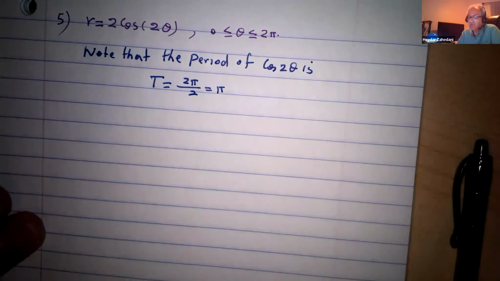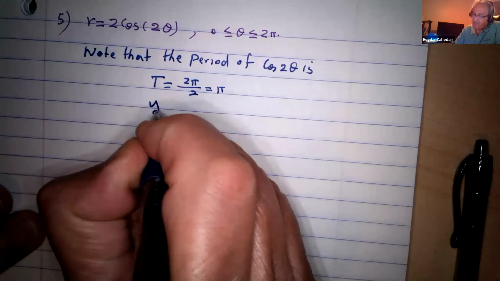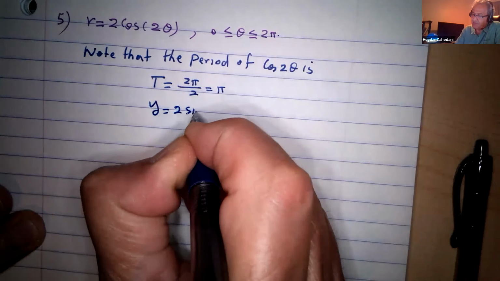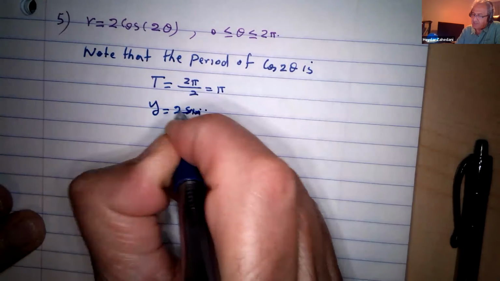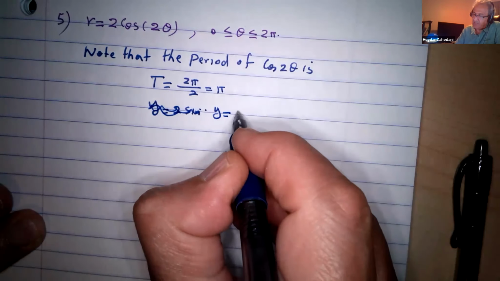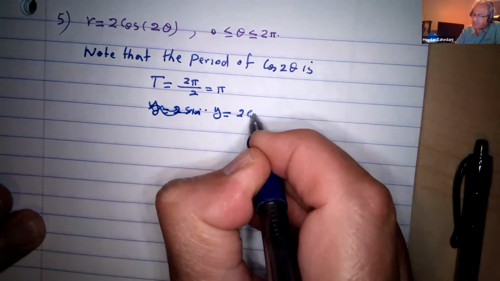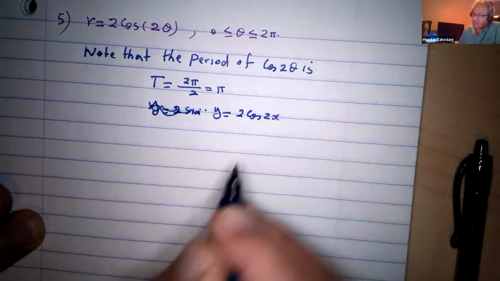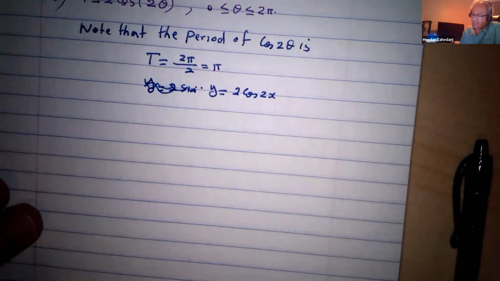I'll just continue with this one so that you can see what I'm talking about. If this were given to you in pre-calculus class and you wanted to graph it, look at this one: 2 cosine of 2x in pre-calculus, in xy coordinates.